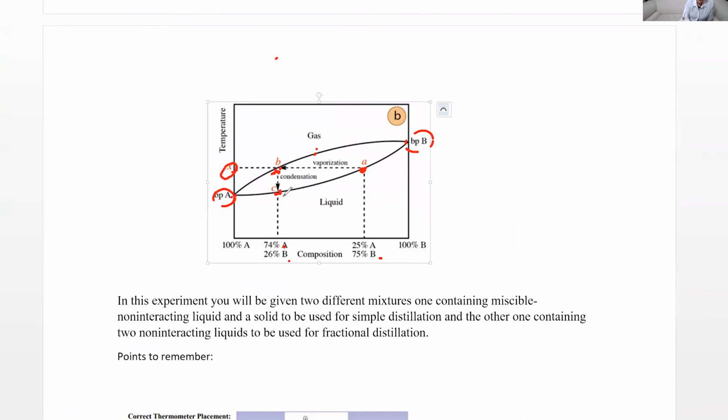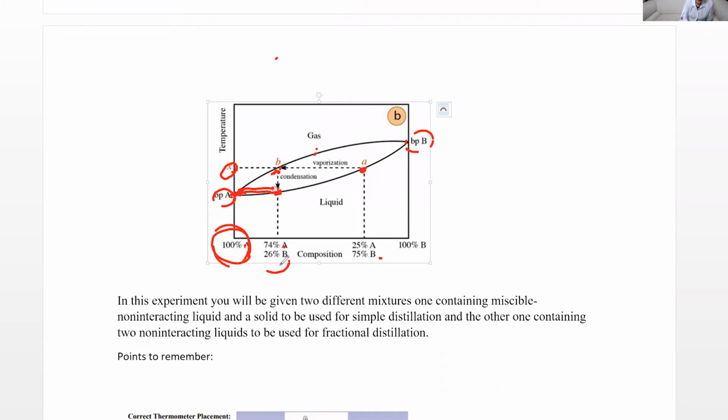So at this temperature, if you cross this point again, it is going to give a much higher percentage of A. And if you repeat this vaporization and condensation, stepwise two or three times, you would get an almost pure sample of A. So fractional distillation is a multi-step vaporization and condensation, versus simple distillation, which is just one step of vaporization and condensation.